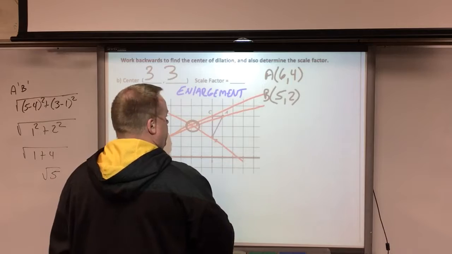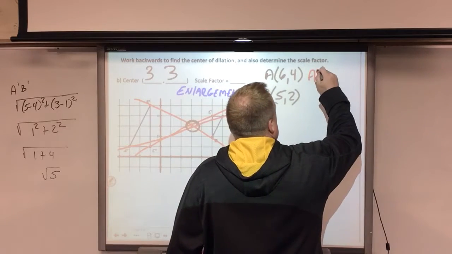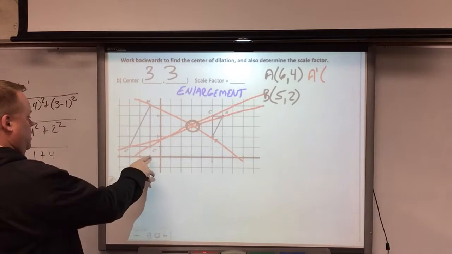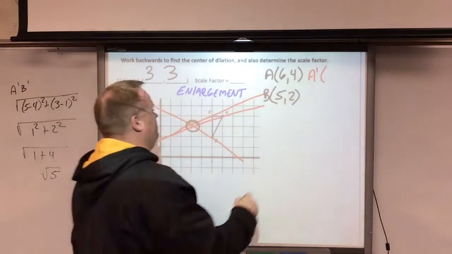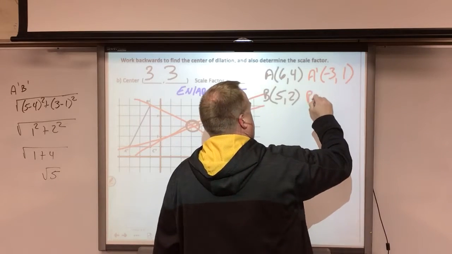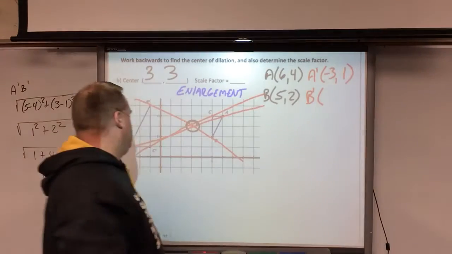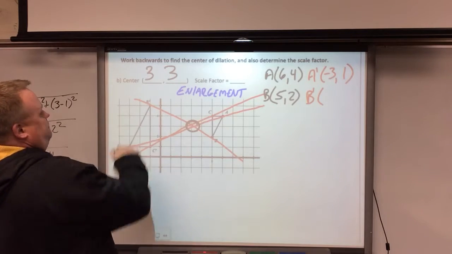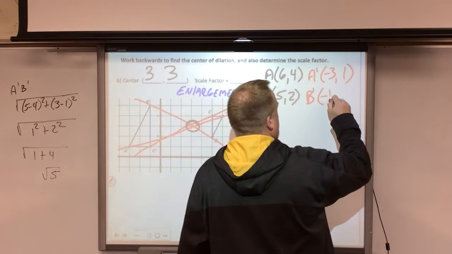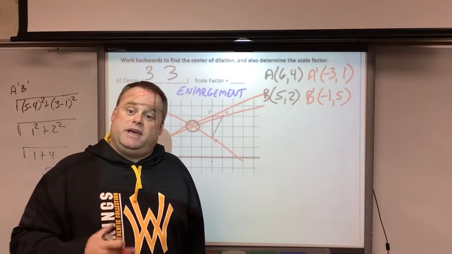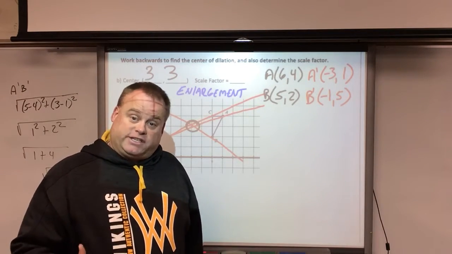And then primes, or my image, however you want to think about that. 1, 2, 3. Negative 3, 1. And B prime, negative 1, 1, 2, 3, 4, 5. Negative 1, 5.